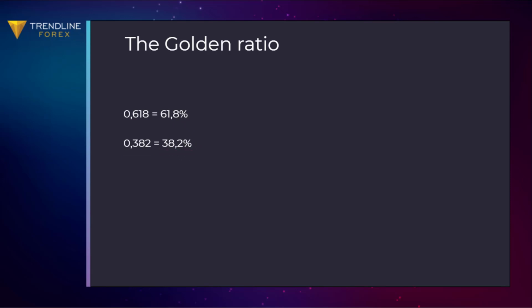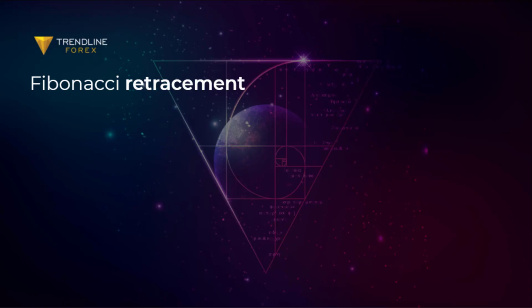These will be the levels we will monitor when using the Fibonacci instruments. Now, I recently mentioned a couple of tools, one that gives us the moment of entry, the Fibonacci retracement tool, and the other that gives us potential target levels, which is called Fibonacci expansion. Now let's start with the Fibonacci retracement.